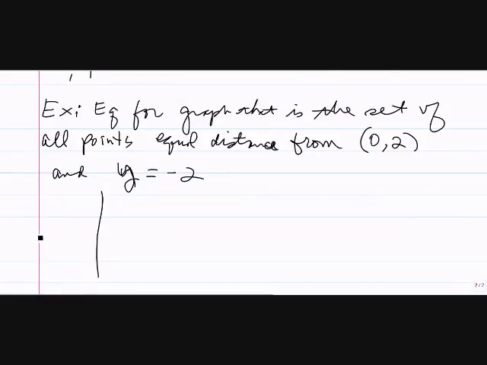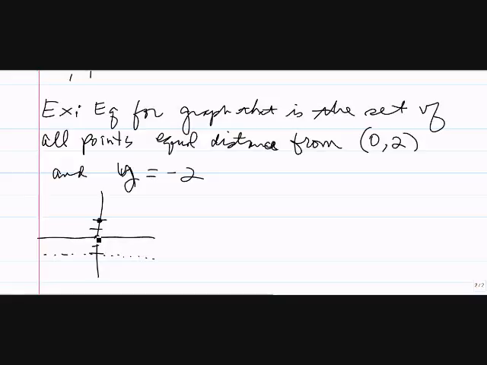So let me sketch it out. The point is the focus, 0, 2. The directrix is the line y equals negative 2, a horizontal line. The vertex is directly in between the focus and the directrix. There's the vertex.